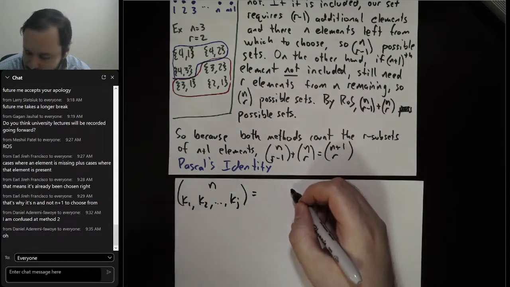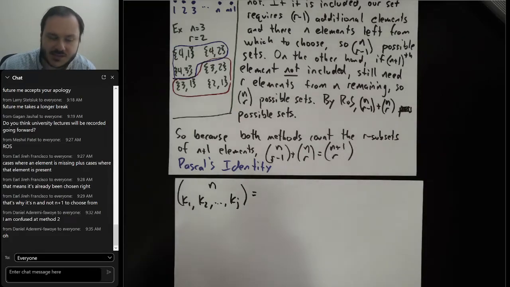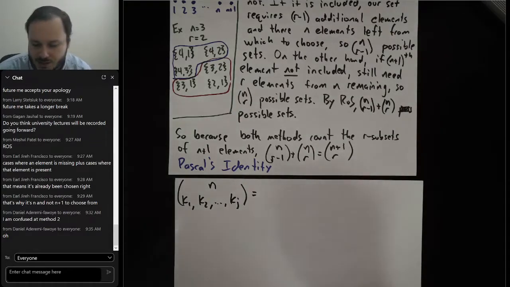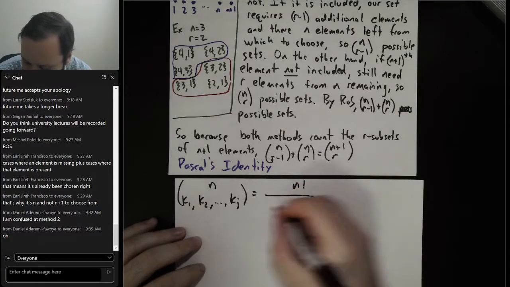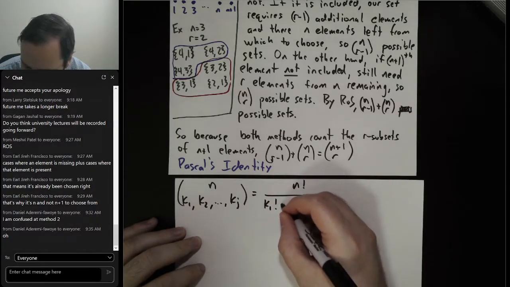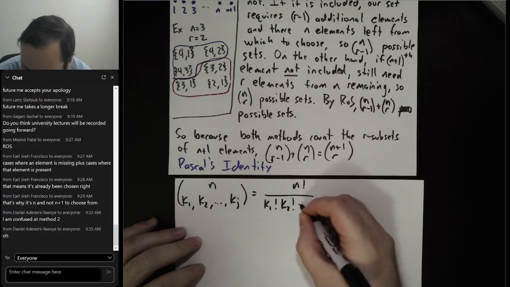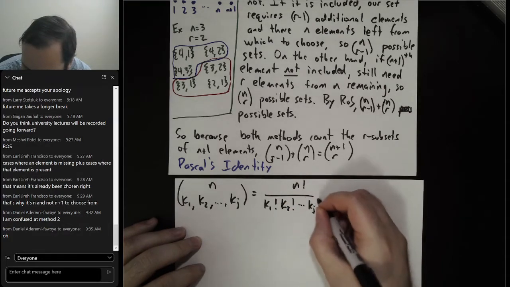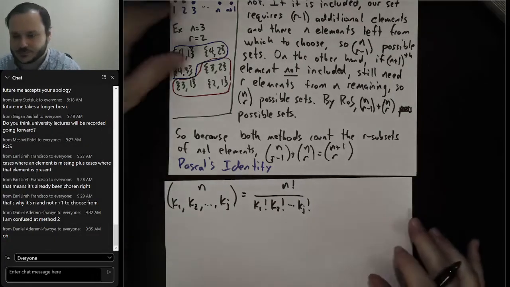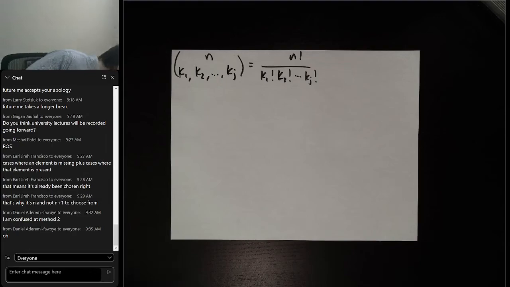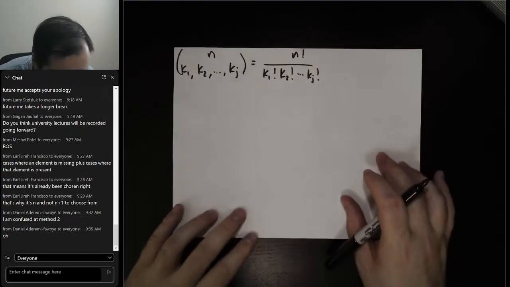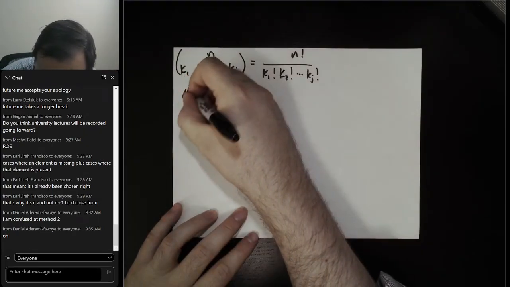This was like we started class with. This is how you rearrange the letters of multinomial. This is our n factorial over k1 factorial times k2 factorial times all the way up to kj factorial. Talked about this last time. This is called the multinomial coefficient because of the multinomial theorem.